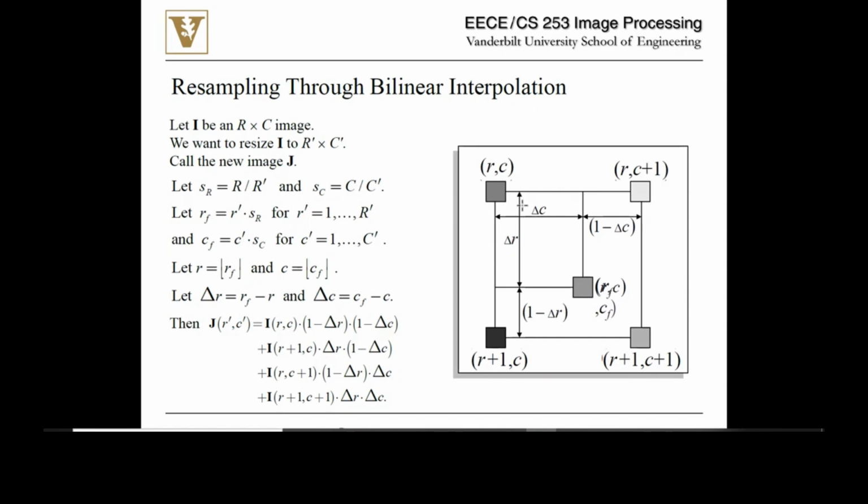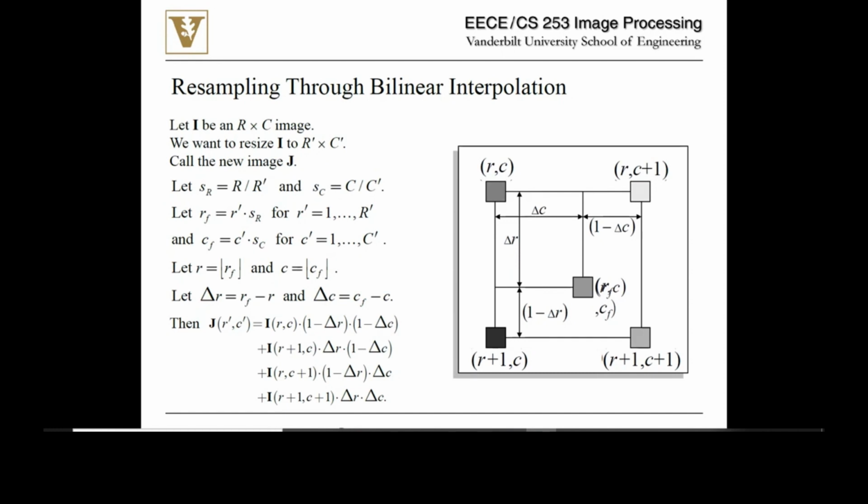So let's say that we want to interpolate at the pixel 7.3, 1.5, with the comma separating rows and columns. So this will be the pixel 7.1, because we have 7.3, 1.5.